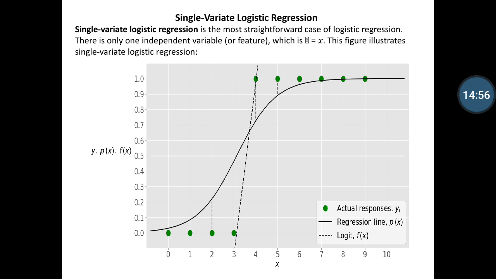Single-variate logistic regression is the most straightforward case of logistic regression. There is only one independent variable or feature, which is x, and the figure illustrates single-variable logistic regression. Here we define the two axes.